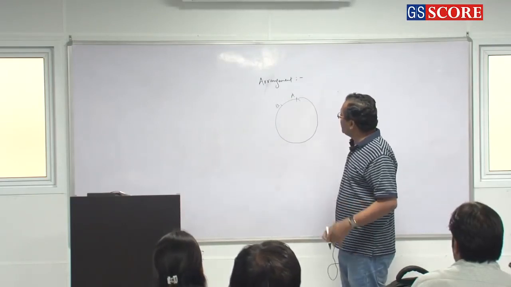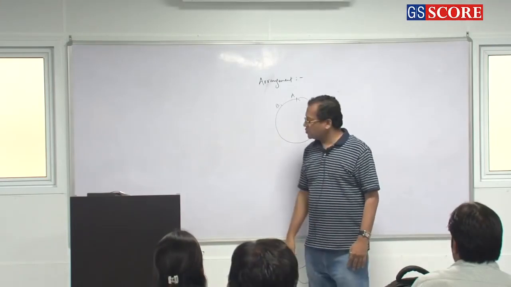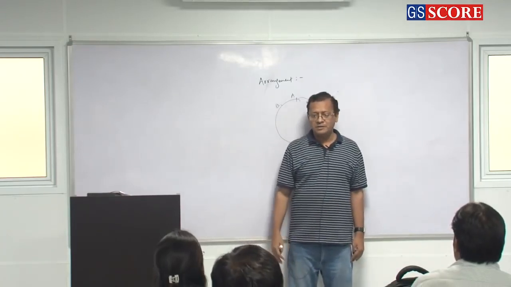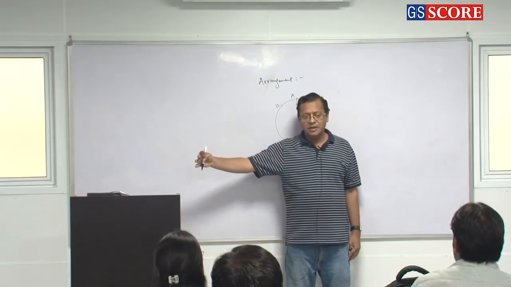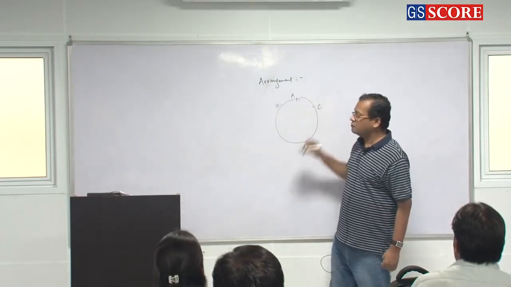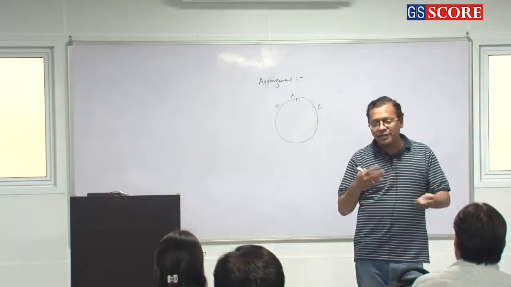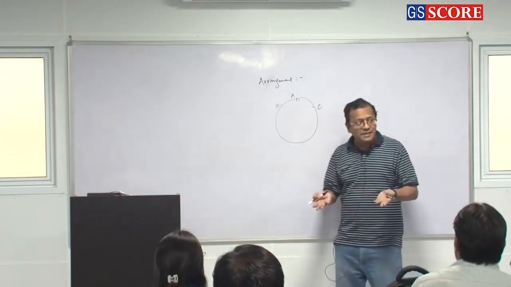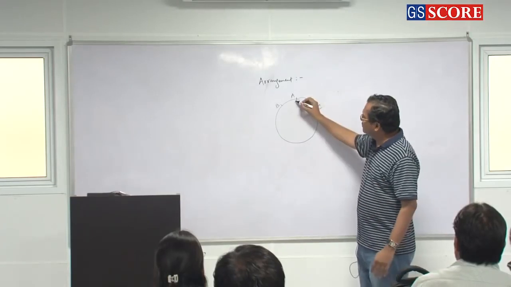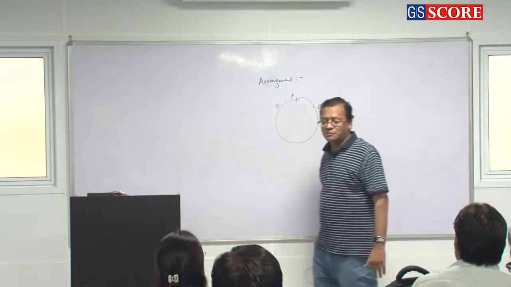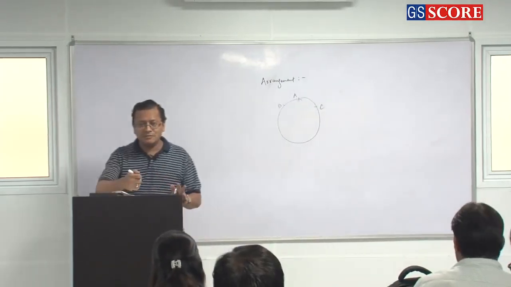Now if this is A, my B will be on my right side and my C will be on my left side, which means in circular arrangement the thing is just opposite. If everybody is facing the center, right is anti-clockwise, left is clockwise. Clear or not?